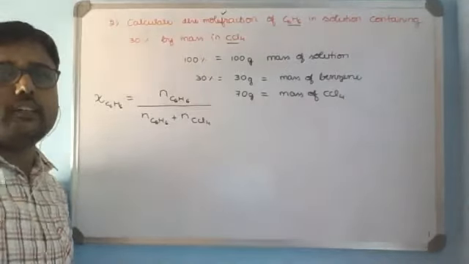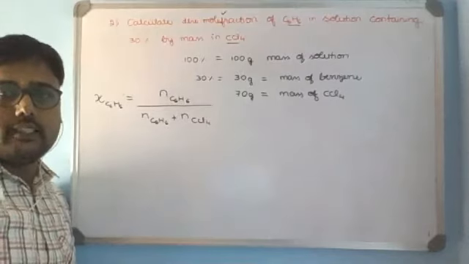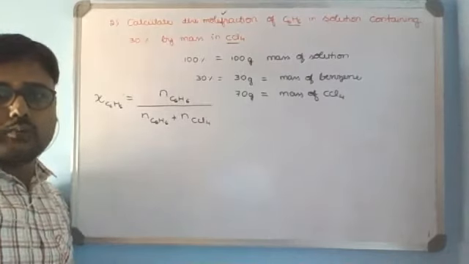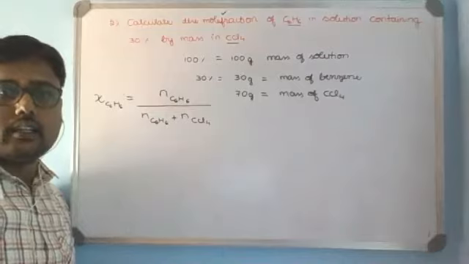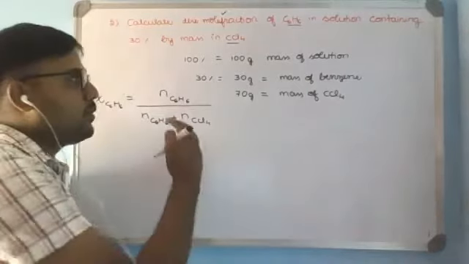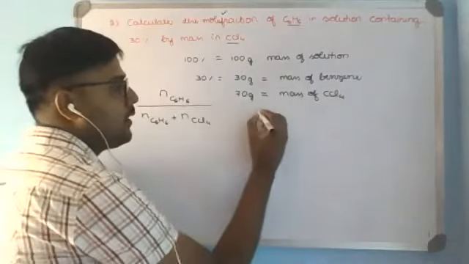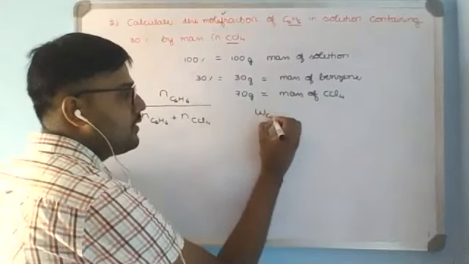To calculate the mole fraction, we require the number of moles of both benzene and CCl4. Hence, the solution begins with calculating the number of moles of benzene and of CCl4. The mass of benzene is 30 grams, as assumed from the percentage.